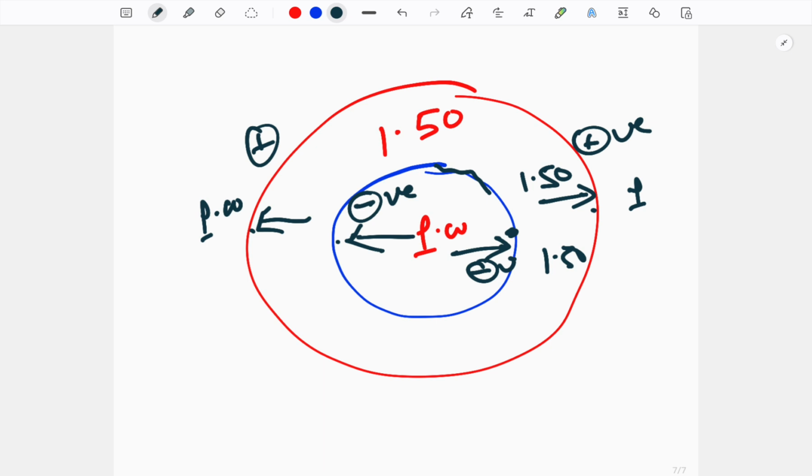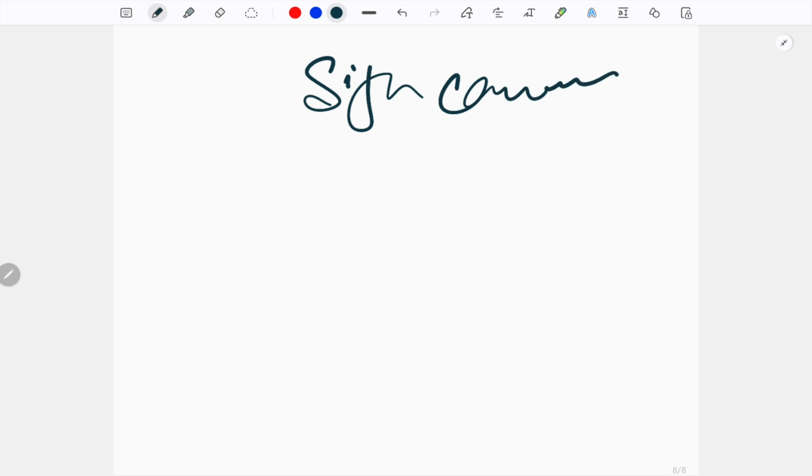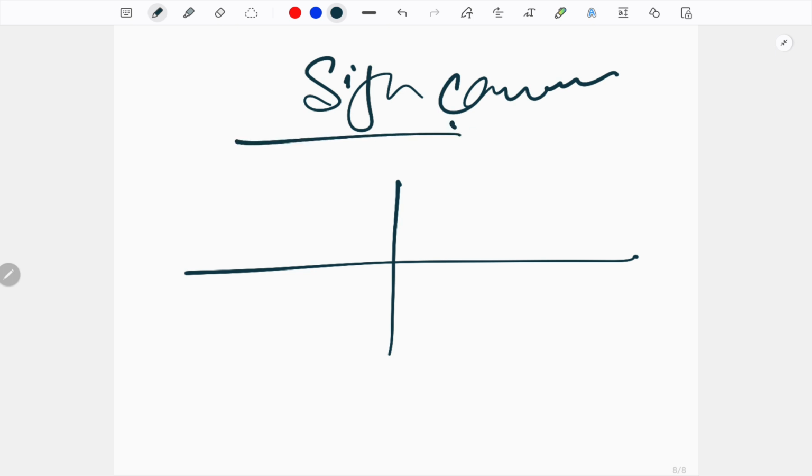Okay, so another very important concept I'm going to discuss is the concept of sign convention. In optics, sign convention is very important. So let's take an example. We always consider light travelling from left to right, and this is the lens.